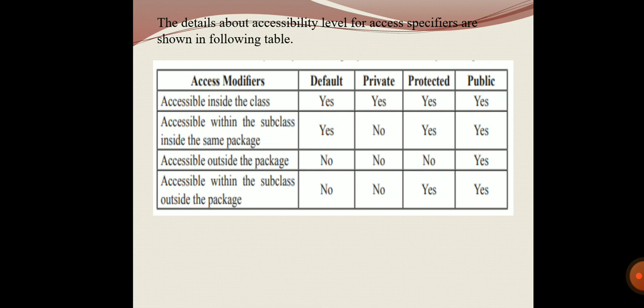A subclass cannot access the private data member. Accessible outside the package means only public can be accessed outside the package. Accessible within the subclass and outside the package means protected and public can be accessed.